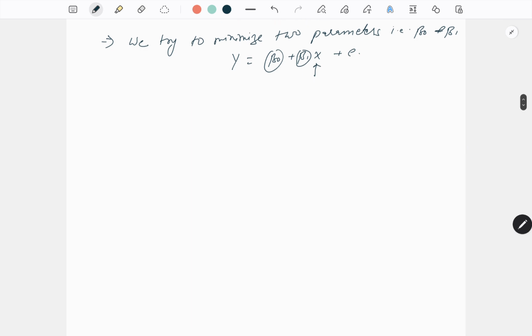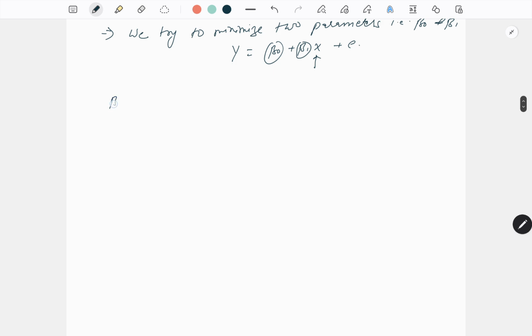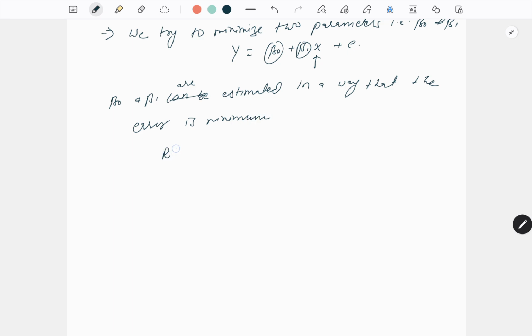So how can we estimate beta 1 and beta naught? They are estimated in a way that the error, that is the residual sum of squares, the sum of ei squared, is minimum.